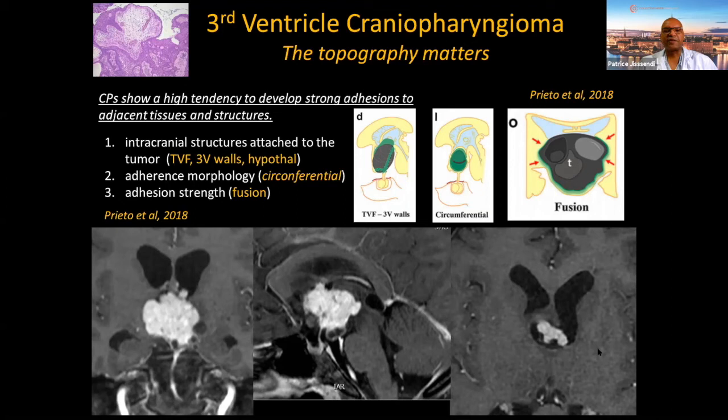A third ventricular mass in young adults with few cystic components and no calcification is likely a third ventricle craniopharyngioma. The exact location of a third ventricular craniopharyngioma is of concern for surgeons because gross total resection is always possible.